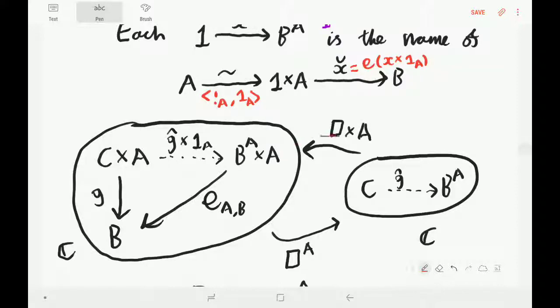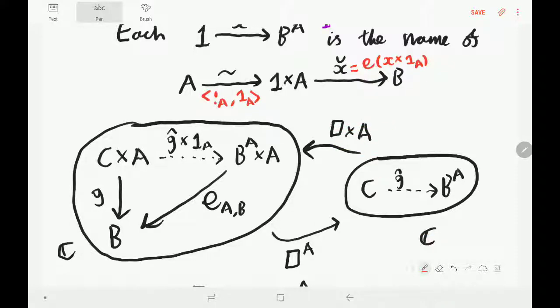So we have the category C, and we also have another copy of the category C. Now, we can think of there being a functor, the product-by-A functor.